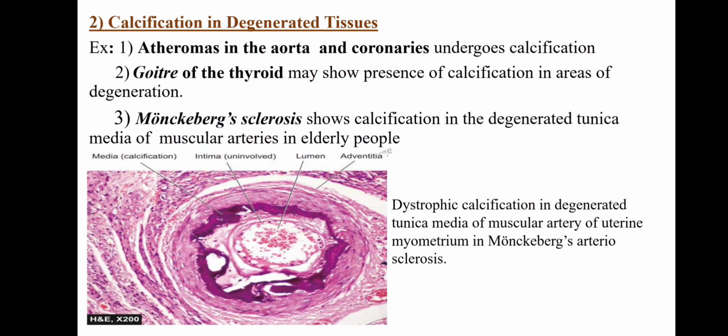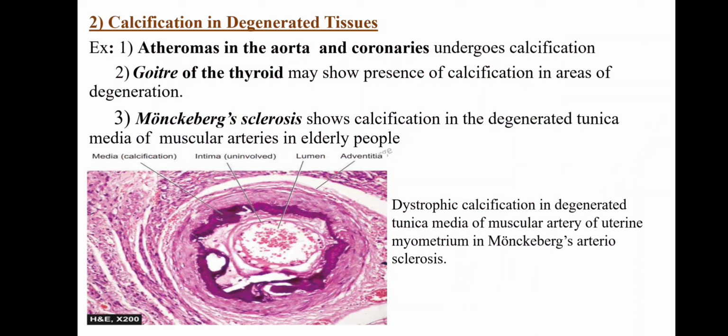Then comes the second type of dystrophic calcification, which occurs in our degenerated tissue. There also I have quoted one or two examples. Atheroma, in our aorta, the coronary arteries, the blood vessels. These blood vessels also undergo calcium deposition, atheroma and so on. Then the second one, goiter in our thyroid.